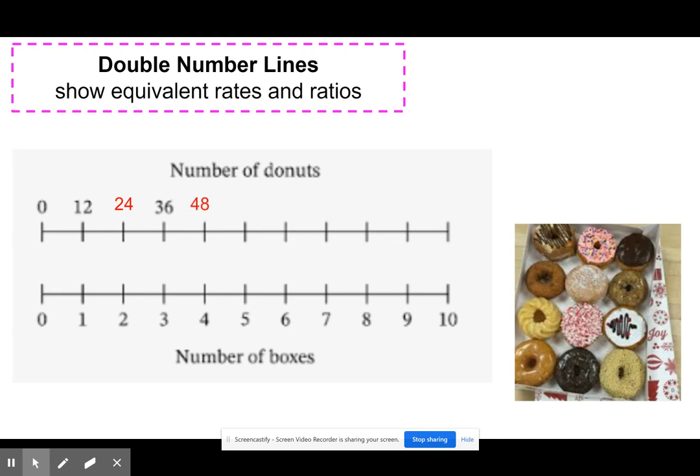Do you see the patterns? I could keep going with the patterns, or I could jump all the way to the 10. In 10 boxes, I'm going to multiply by 12, and there'd be 120 donuts. I could fill out any part of this double number line by applying the idea of, again, multiplying one of the units by the same number as the other.